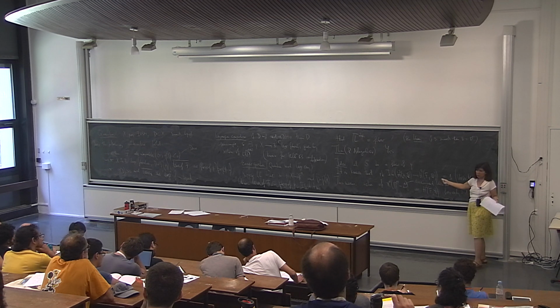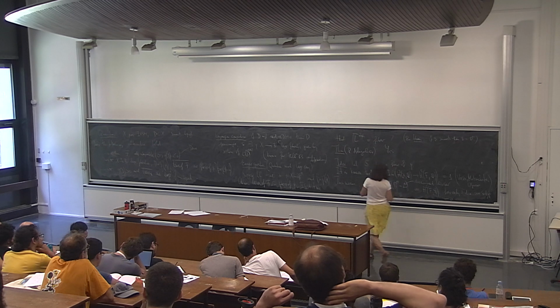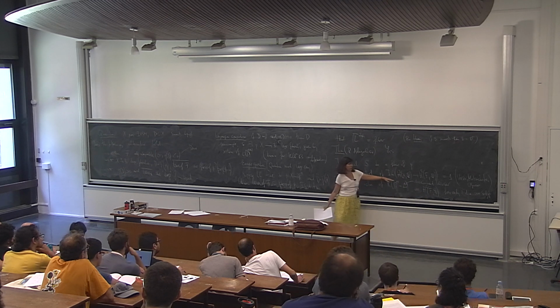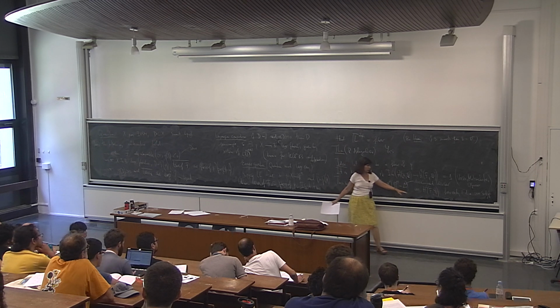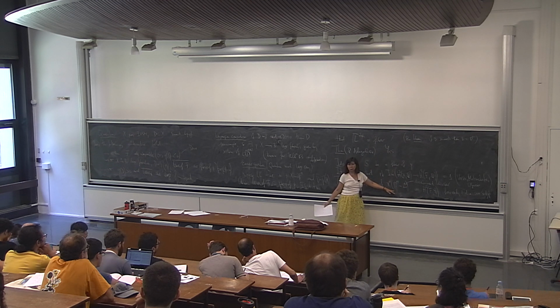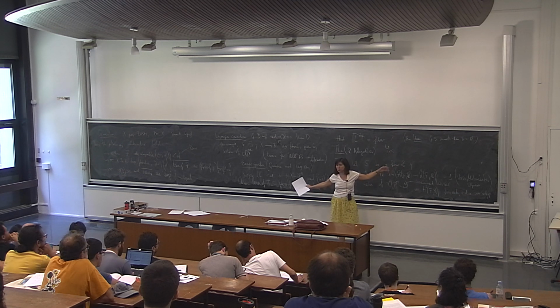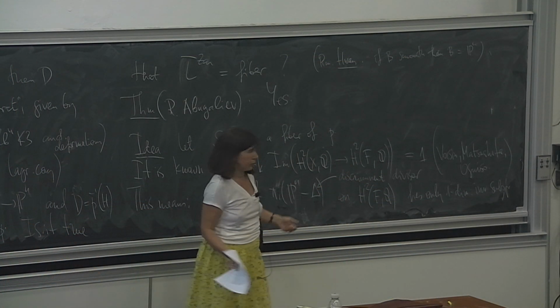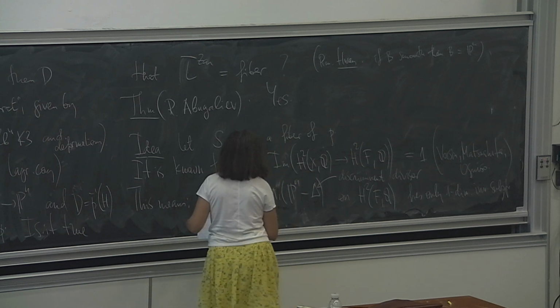Well, you see there is this Deligne invariant cycle theorem, which says that cycles which are invariant under the action of monodromy are cycles which are restrictions from the ambient variety X, right?